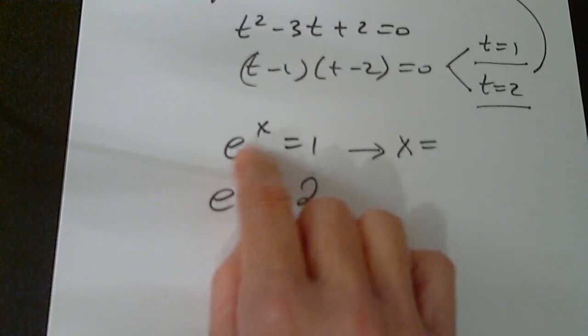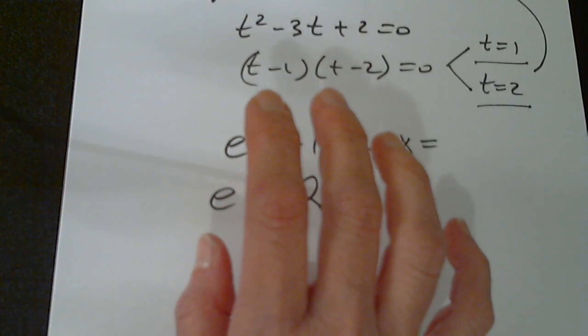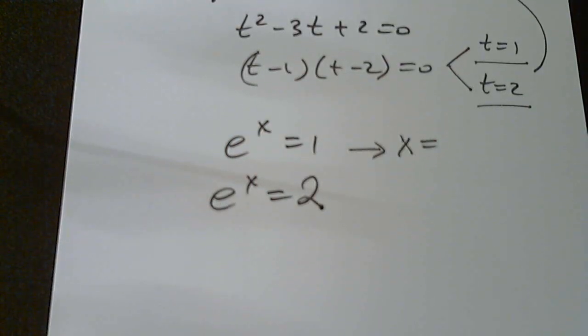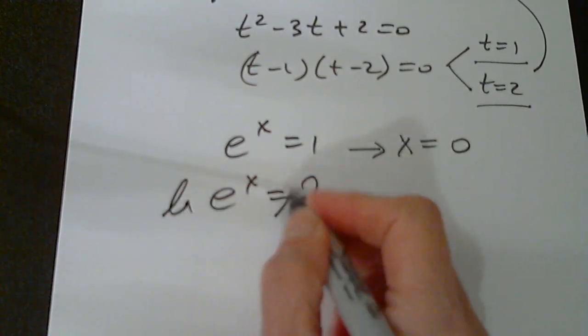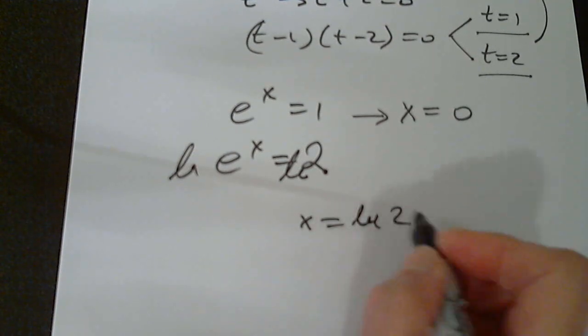We know what power we raise e to get 1. What power would that be? 0. Exactly. Here I will apply natural log, and this is x equals natural log 2.